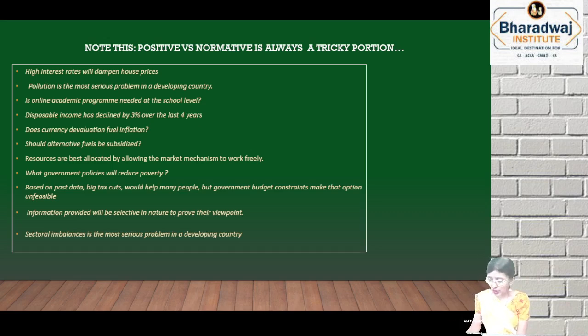You're just going to write whether it is positive or normative. Online students, you also attempt, because these are called template sentences, where it is not easy to identify the positive and normative. Some trickiness is there. So we have chosen these sentences for you to revise in this grand revision session.